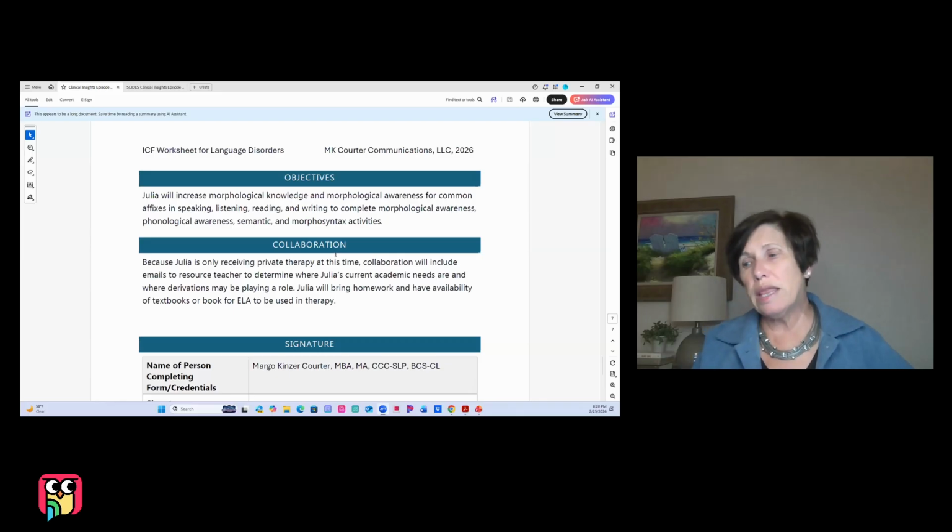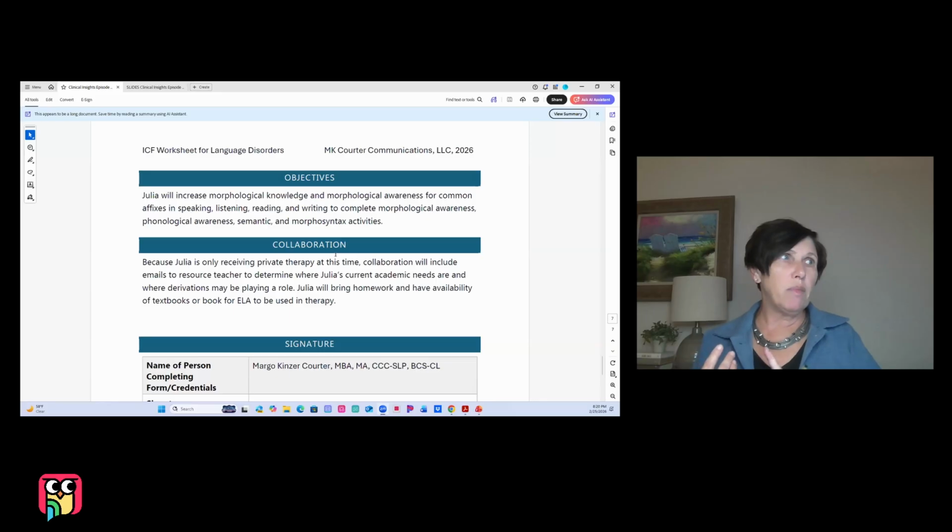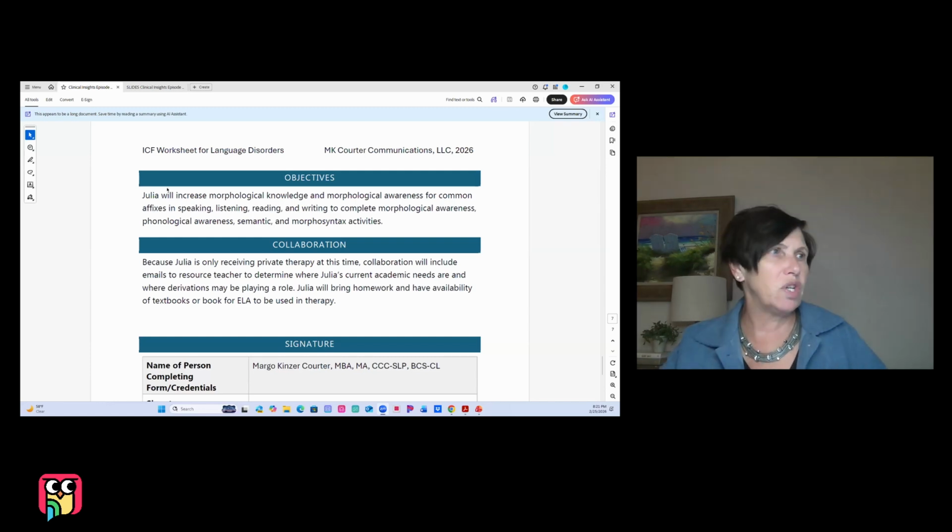Collaboration at this point with this specific case study, because she's only receiving private therapy, I am still collaborating with the resource teacher, as well as Julia is bringing her schoolwork into therapy, and we are using that in order to continue to target the derivational morphology that we're talking about this evening, as well as the other language areas.